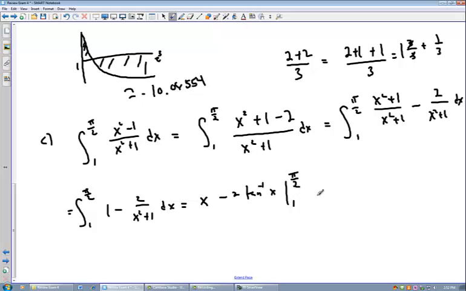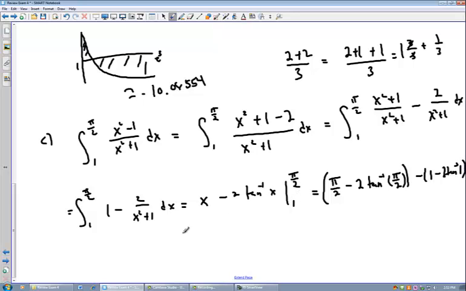And so now I simply plug in, so I have pi over 2 minus 2 tan inverse of pi over 2. And then I'm going to take off when I plug in 1. So minus 1 minus, and then I have 2 tan inverse, and I'm running out of space here, 1.